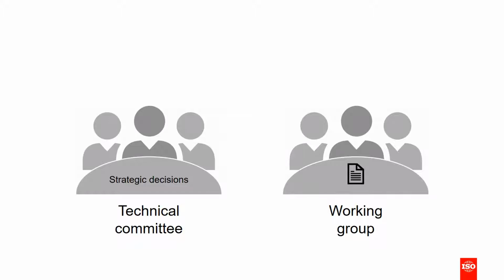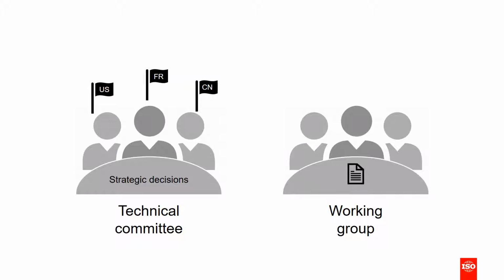So the big difference between both is at the technical committee, we have committee members taking strategic decisions, but these committee members each represent one country, and it's one country, one vote, and the vote is taken by the head of the delegation at the plenary session.